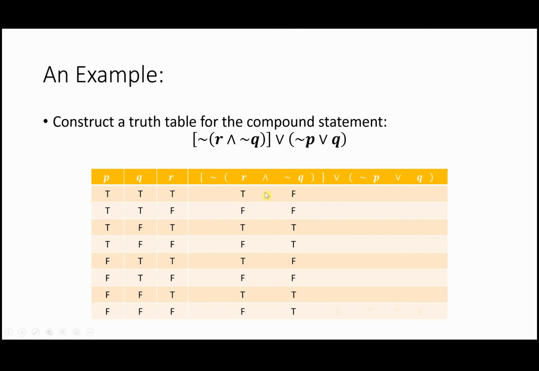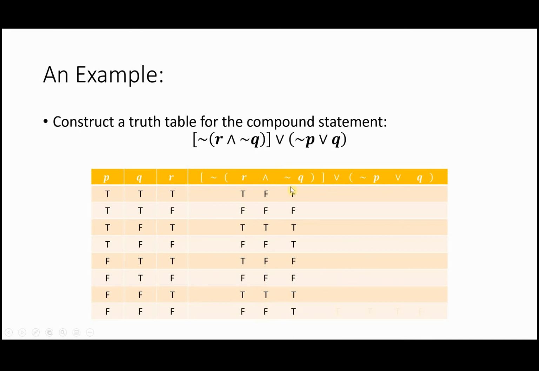Well, it's going to be false, because you have to have both true to be true for a conjunction. So when will it be true? Here, because these are both trues, and right here. Otherwise, all of these other rows are going to have falses. See how there's a T here and a T there, but then every other case it's false.